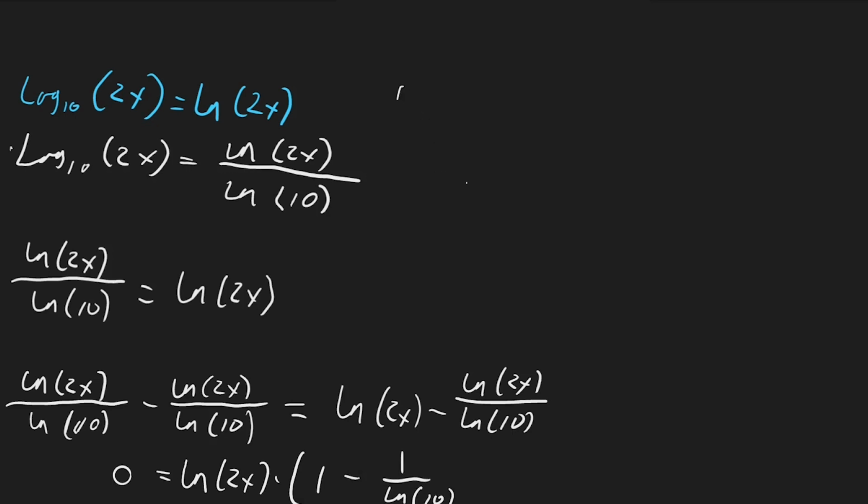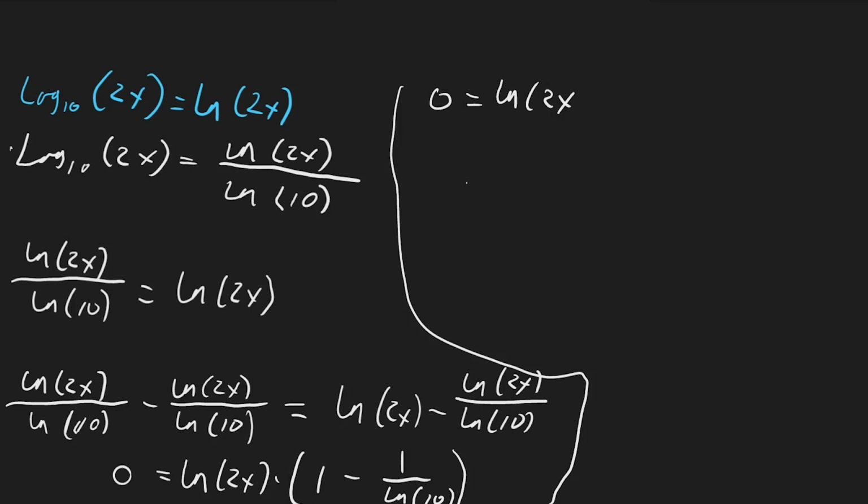We'll just continue up here, and then we'll notice that we can divide by this parenthesis on both sides, and if we do that, we will get obviously 0 on the left side, and on the right side this will disappear, so 0 equals ln of 2x, and now we can take e to the power of both sides, so e to the power of 0 equals e to the power of ln of 2x.